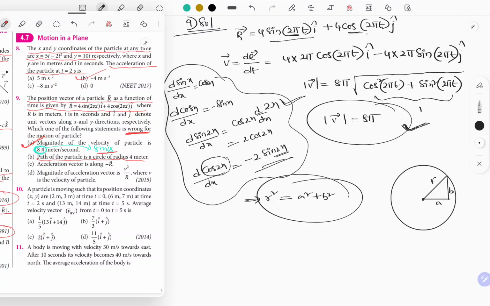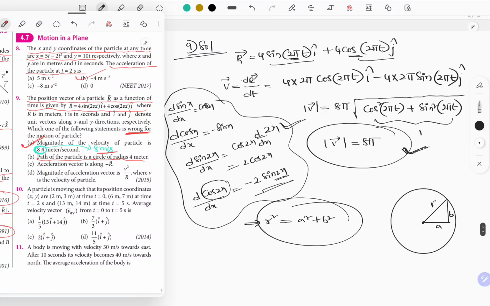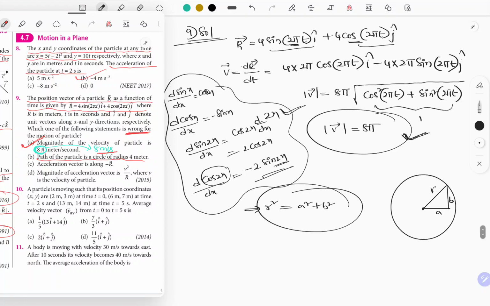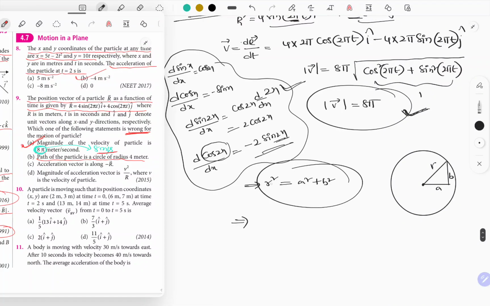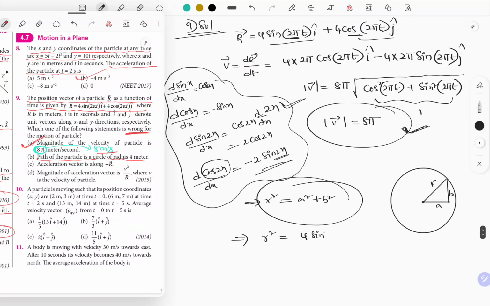Let me find out this. They have given 4 sin 2 pi t plus 4 cos 2 pi t. Let me square both of them and find out the value of r. R square is equal to, so a is 4 sin square 2 pi t. So you have to square 4 also. 4 square sin square 2 pi t plus 4 square cos square 2 pi t.